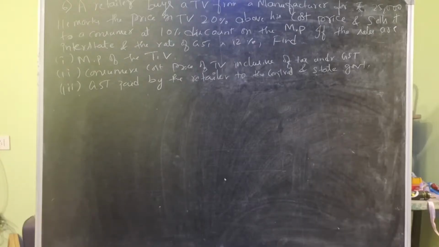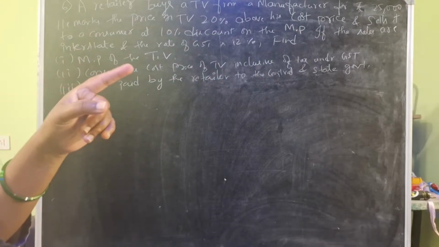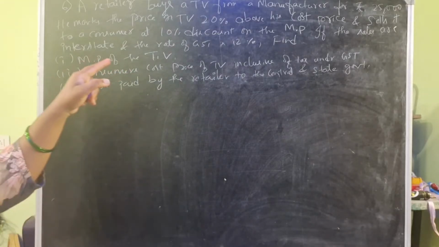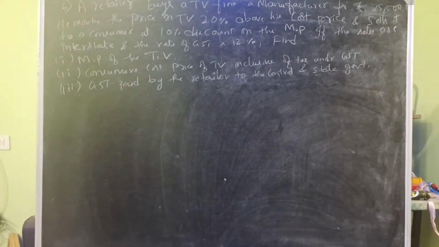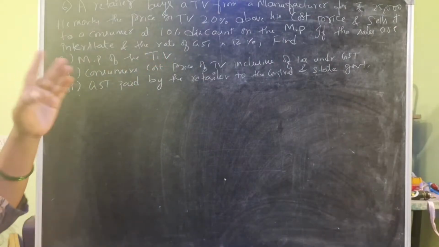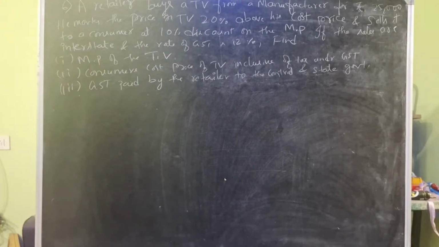See, in the first question, we have to find the market price. For that, we have to find 20% of 25,000 and add it to the manufacturer price, then we will get the market price of the TV.